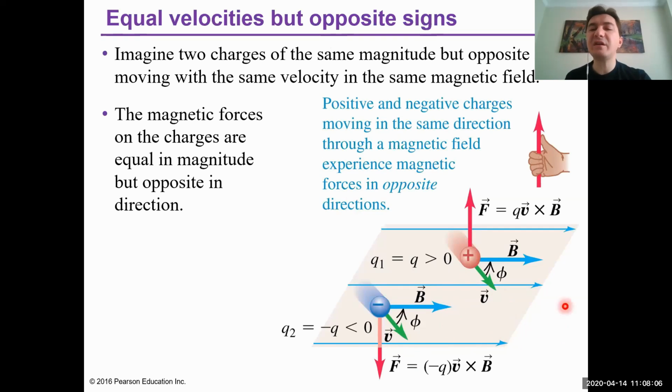Whenever they enter into that magnetic field, this one will feel magnetic force in that direction by the right-hand rule, okay? This one will feel the opposite direction by the right-hand rule. So the magnetic forces on the charges are equal in magnitude, but opposite in direction. Any question in that part?